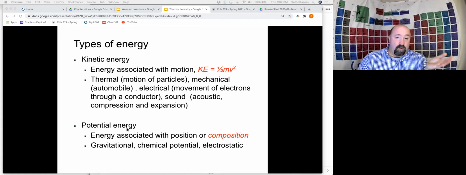Those of you who have taken physics have probably talked about potential energy in terms of gravitational potential energy, where an object has a different energy potential depending on where it is in relation to the surface of the earth.